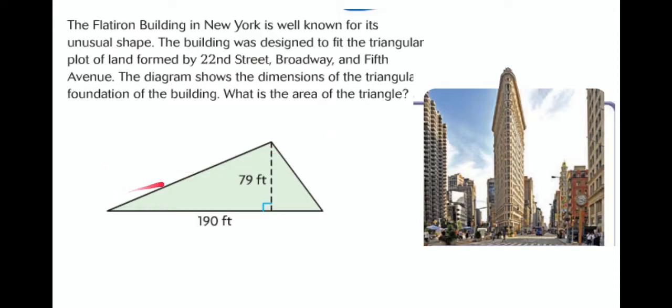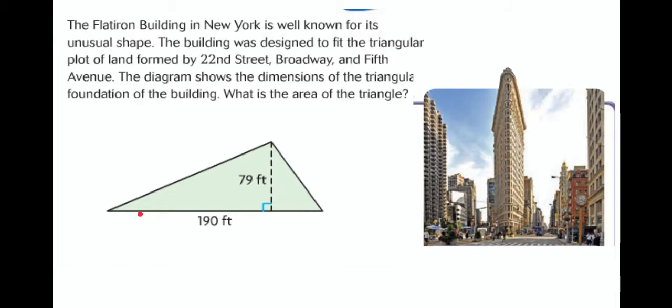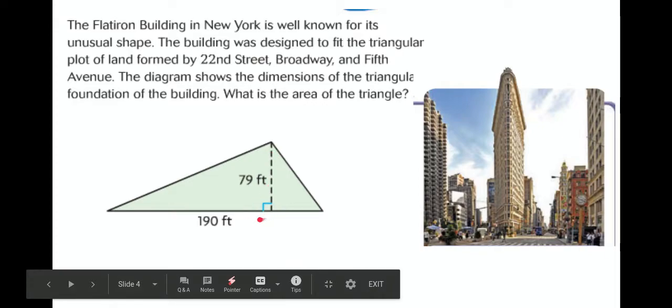So this is the foundation of this building. It would be like looking down at Google Maps from the top down. So this is what it looks like. Your base is 190. Your height is 79. You can always know the base and height of a triangle because most of the time they're the two things that they give you.